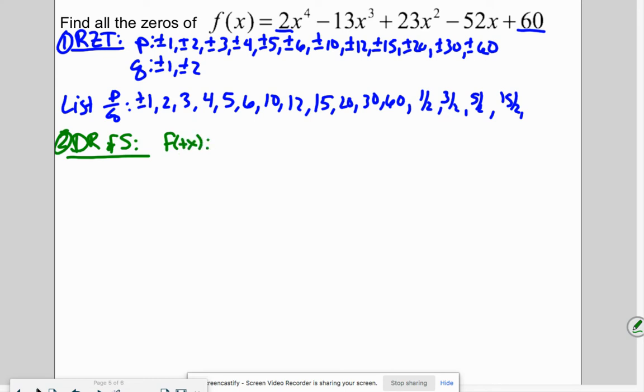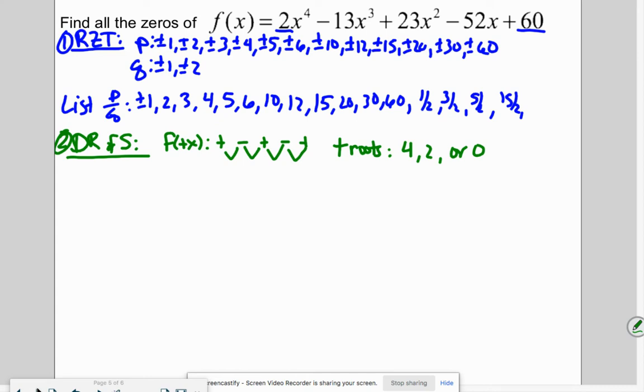So we have positive 2, negative 13, positive 23, negative 52, positive 60. So how many sign changes? Oh my goodness, we have 1, 2, 3, 4. So that means for f of positive, I want to put a positive sign there. So positive roots, we have 4, 2, or 0. Because remember, it goes down by an even number.